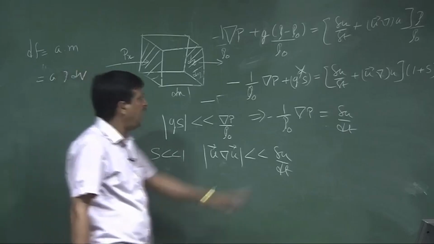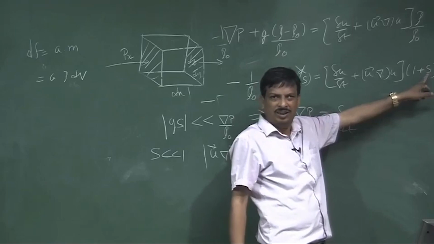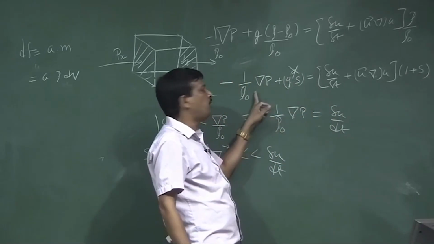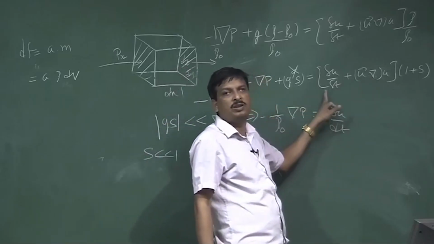Okay. So, I am considering S negligible because it is much less than 1. GS is negligible compared to this term, and this term is negligible compared to this term.